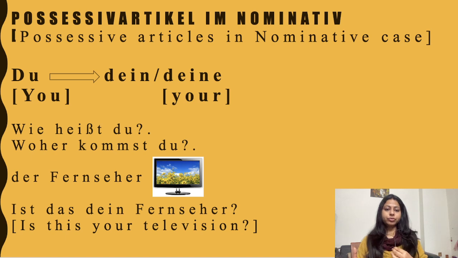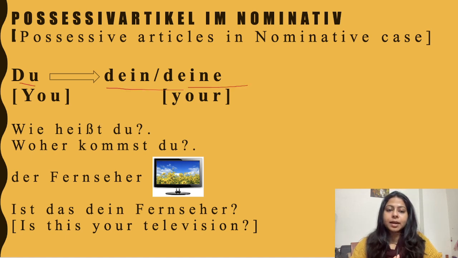Now let's look at the second kind of pronoun, that is du. But what is the possessive pronoun? The personal pronoun is du and the possessive pronoun is dein. Now, wie heißt du? Woher kommst du? That is du. But what is the possessive pronoun of that? Der Fernseher.